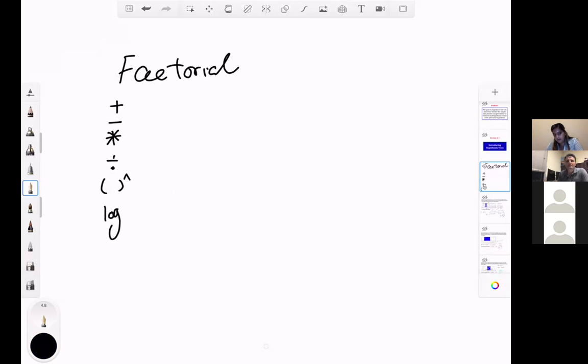We also have factorial. For example, 4 factorial means 4 multiplied by 3, multiplied by 2, multiplied by 1, and you stop.